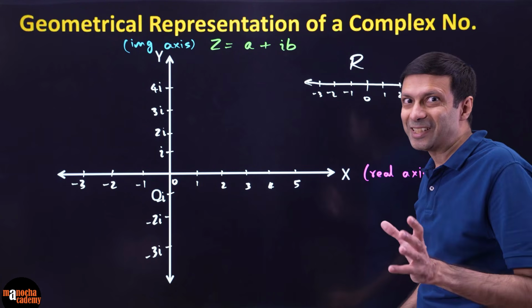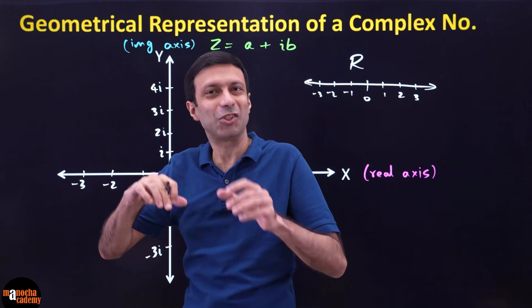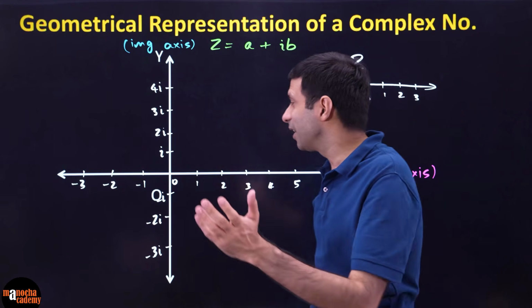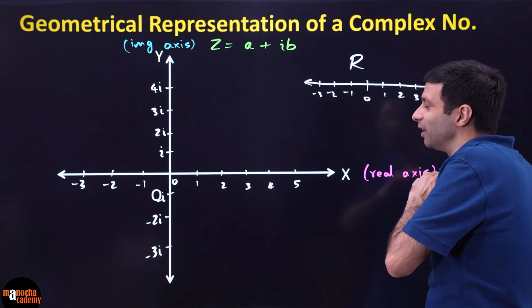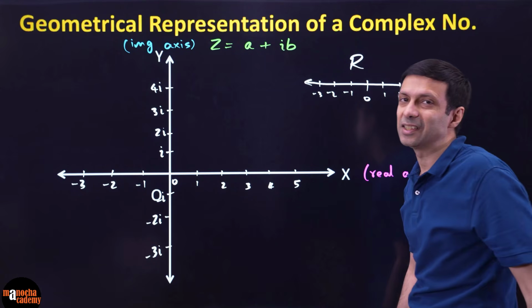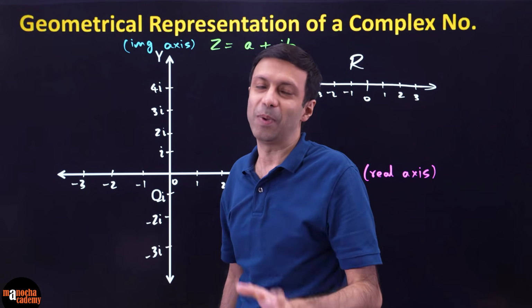Are you guys getting a feel of where we are going? Because complex numbers have two independent parts, a real part and an imaginary part, that is why we are using a real axis, the x-axis, and this y-axis, the imaginary axis. We are going to use it to represent the complex numbers.